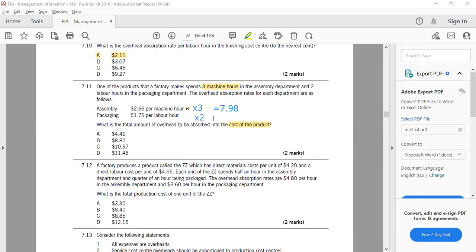And if you multiply these two, 1.75 by 2, what do we get? 3.5. 3.5, right? So when we add these two, what do we get? 11.48. 11.48. D is the right option. Okay.